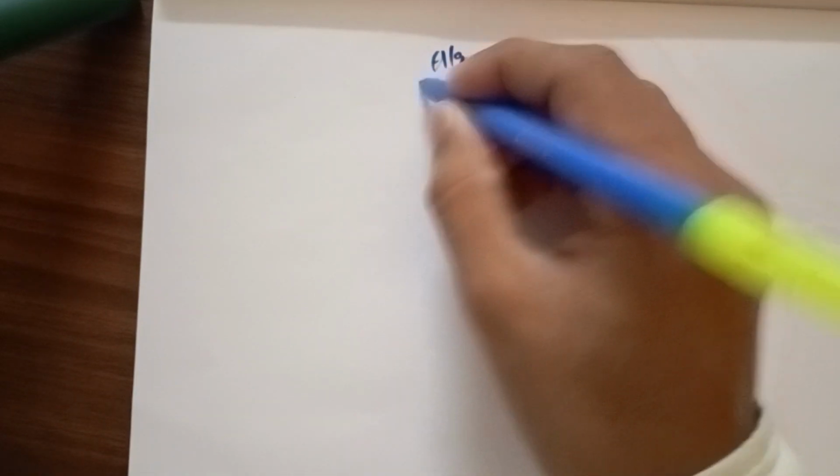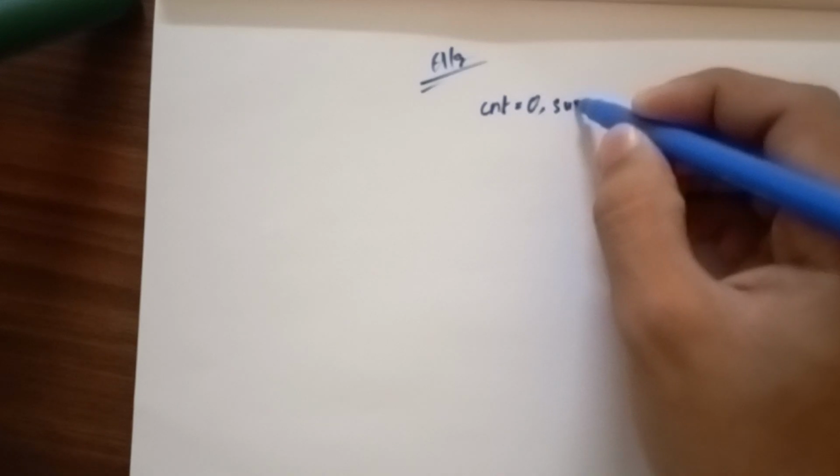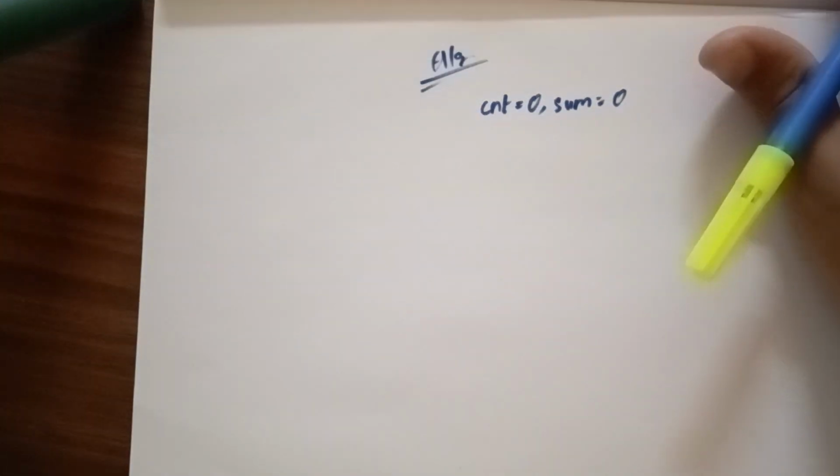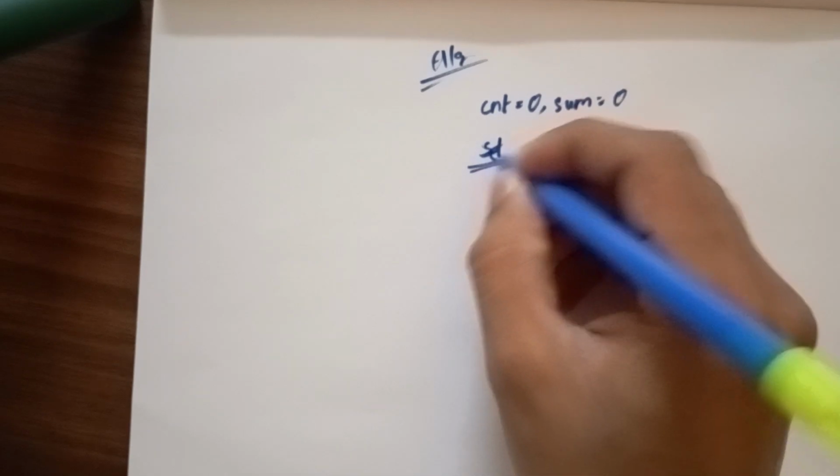Now let us understand the algorithm for this code. Now the algorithm goes like, as I said, we will be having a count to return and the sum up to now, and then we'll be storing all this band array in a set.